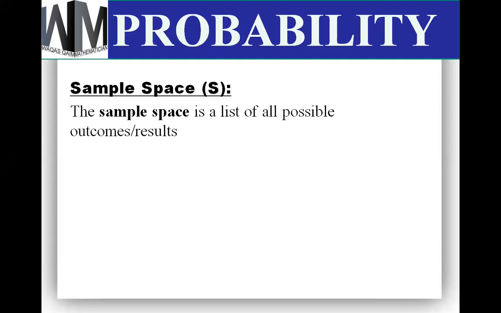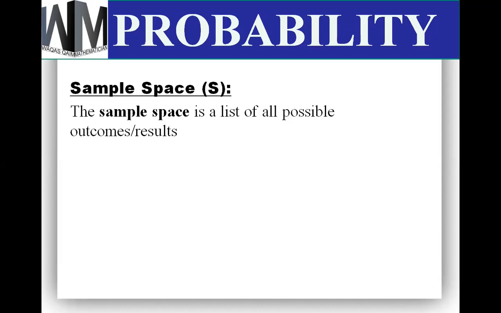Now there is one more term we use in the topic of probability, that is sample space. Sample space is a list of all possible results or outcomes. Means that in anything we have several possibilities. For example, if there is a match between Pakistan and England, there are several chances that could happen as a result.